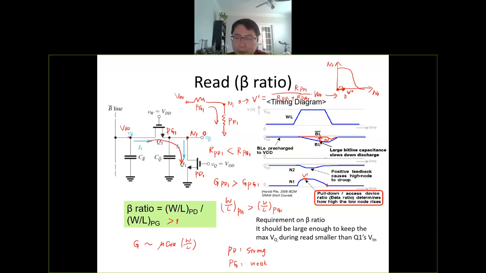But there's no simple analytical equation that you can derive for this maximum voltage before you reach this flipping. So I don't want to go into the details of that. As long as you know this one needs to be small.